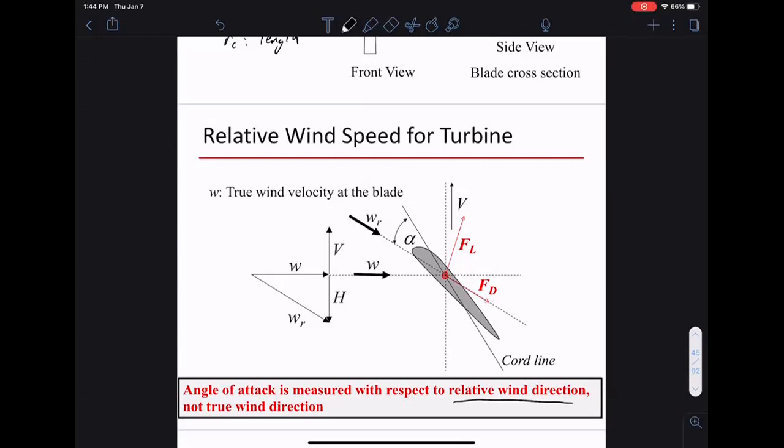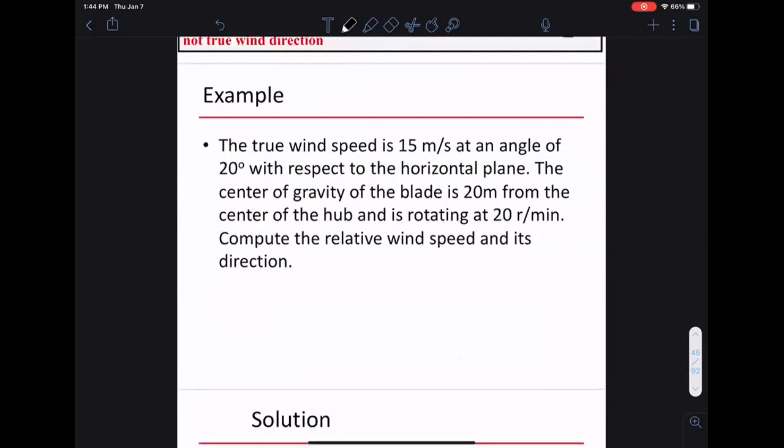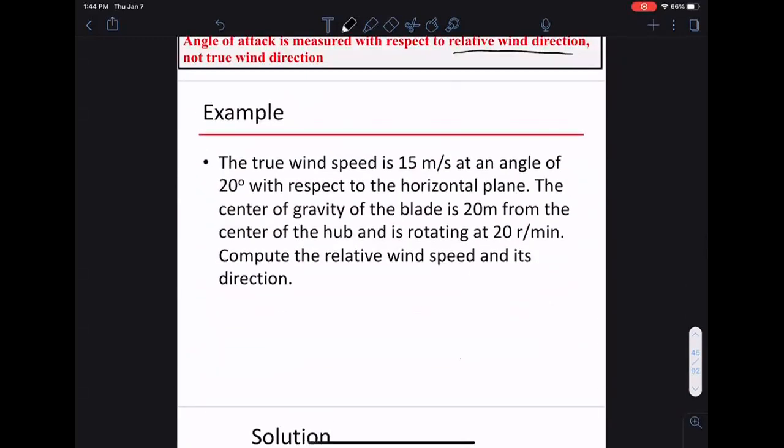So let's do an example. Let's say I have a true wind speed of 50 meters per second and an angle of 20 degrees with respect to the horizontal plane. The horizontal plane is the ground, is Earth. Then I have a blade.